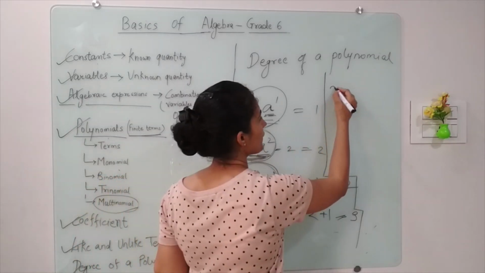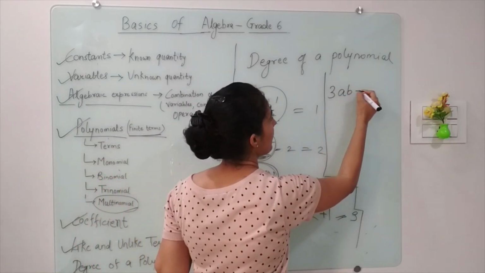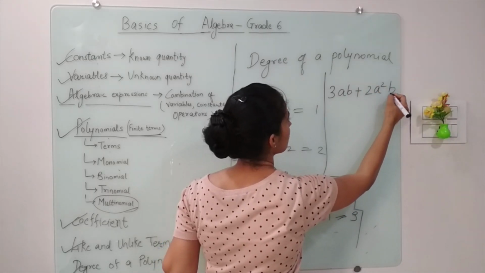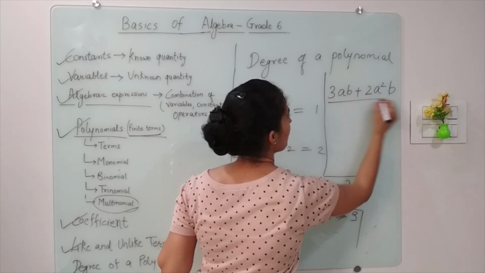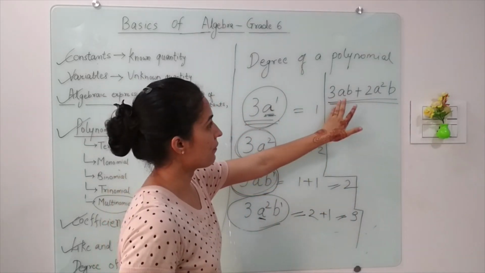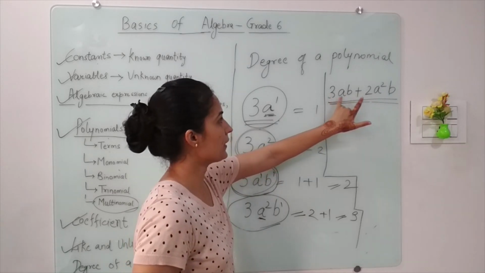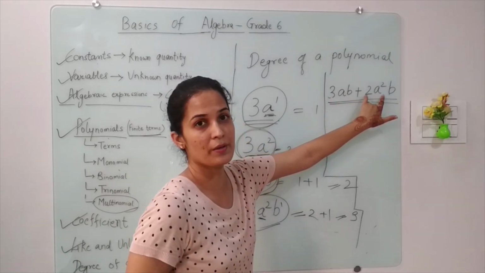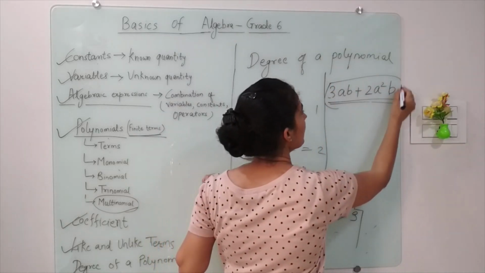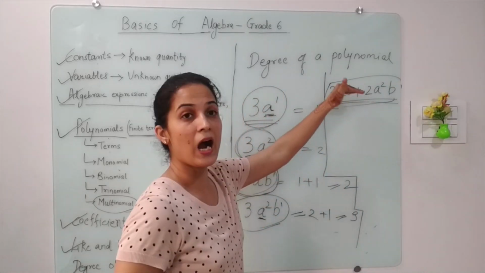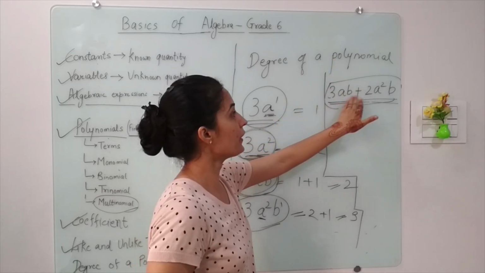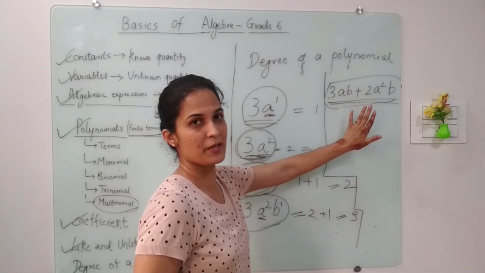Now if I have, for example, 3ab plus 2a square b, this is one polynomial. This is a binomial. It has two terms: one is 3ab and one is 2a square b. Now the degree of this complete polynomial will be the highest degree of each one of the terms present in it.